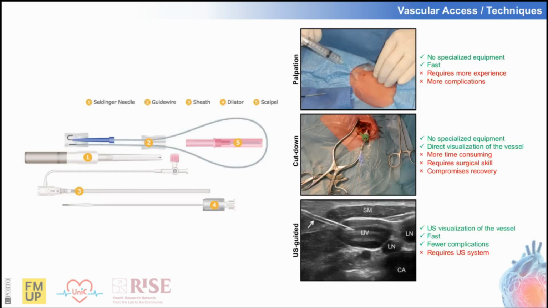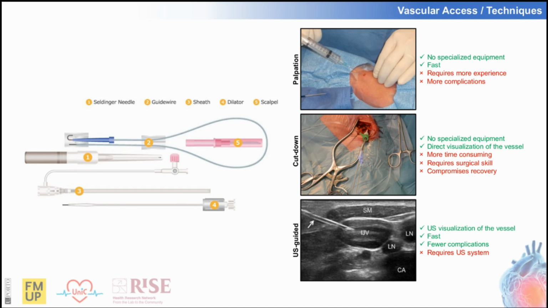So the introducer sheath is a plastic tube which has a hemostasis valve at its end on the side that stays outside of the animal, and this prevents blood from coming out while allowing the introduction of catheters through it. It also has a side port with a 3-way stopcock that can be used for monitoring pressures or administering fluids or drugs.